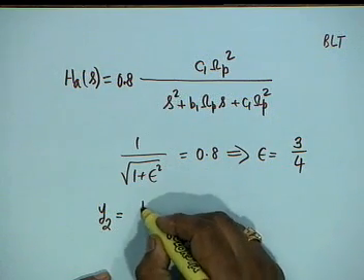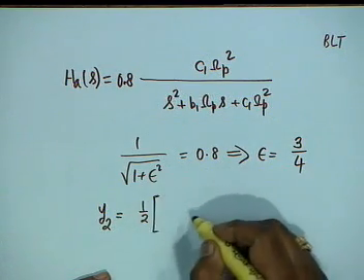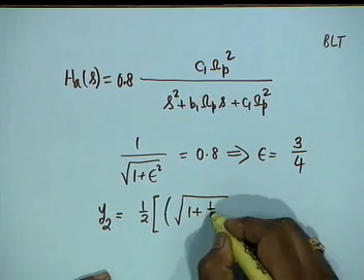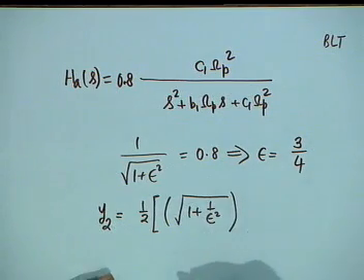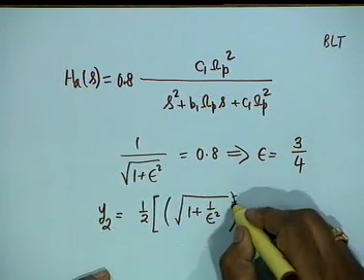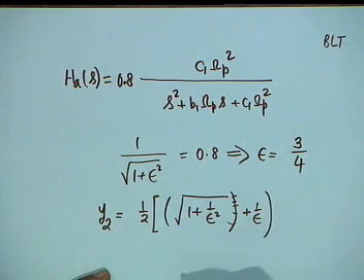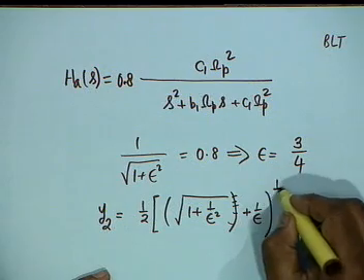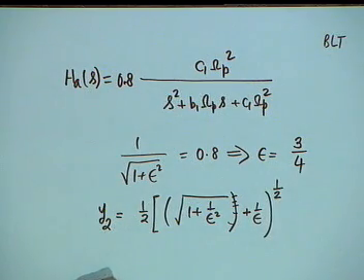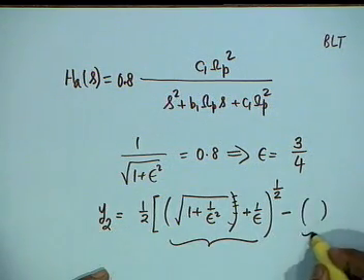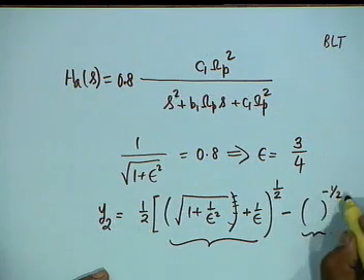y2 is, if you remember, half of the quantity square root of 1 plus 1 by epsilon squared, plus 1 by epsilon, whole to the power half, minus the same quantity to the power minus half.